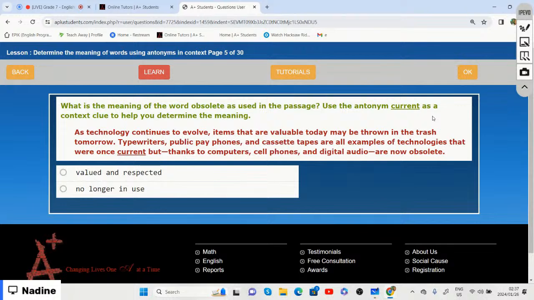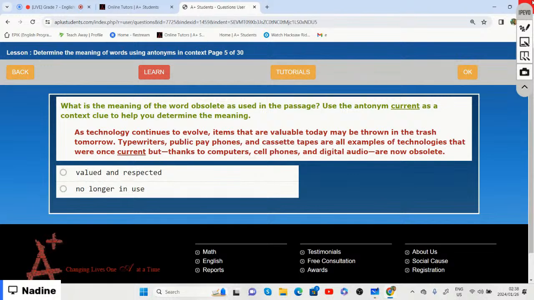As technology continues to evolve, items that are valuable today may be thrown in the trash tomorrow. Typewriters, public payphones, and cassette tapes are all examples of technologies that were once current, but thanks to computers, cell phones, and digital audio, they are now obsolete.